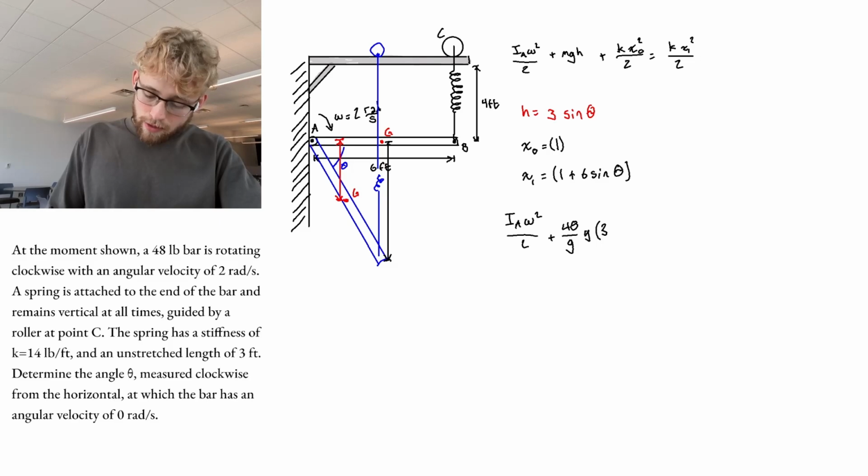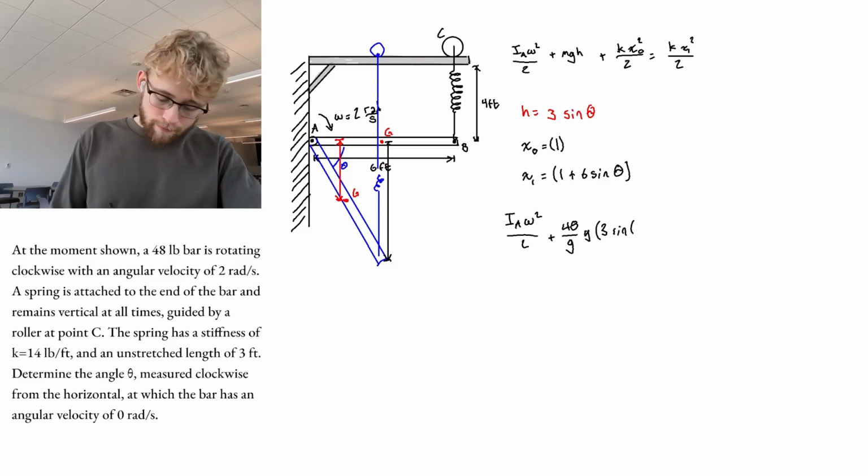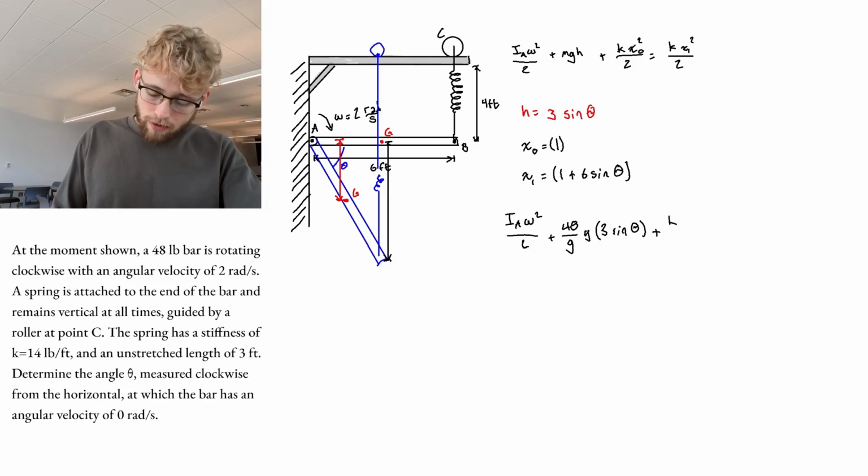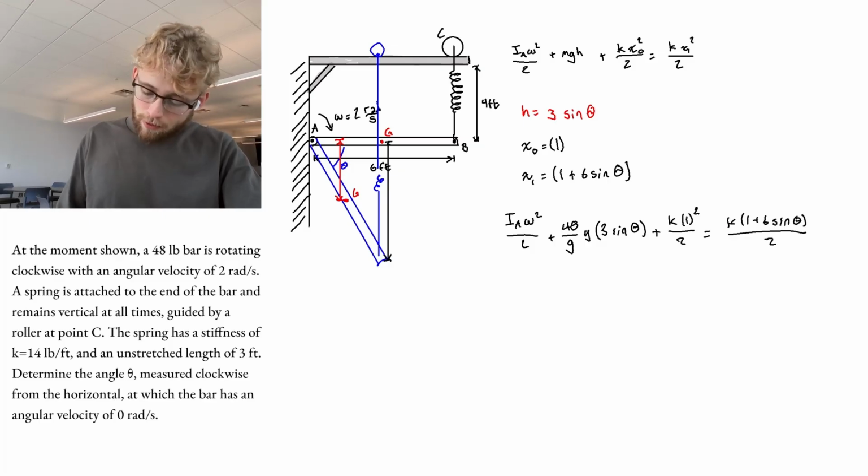H is 3 sine theta, plus the energy in the spring, which is k, which we know the value of, but I'm not going to put in here yet, times 1 squared over 2 equals k times x1, which is 1 plus 6 sine theta, and then all that over 2. Don't forget to square that. Okay.